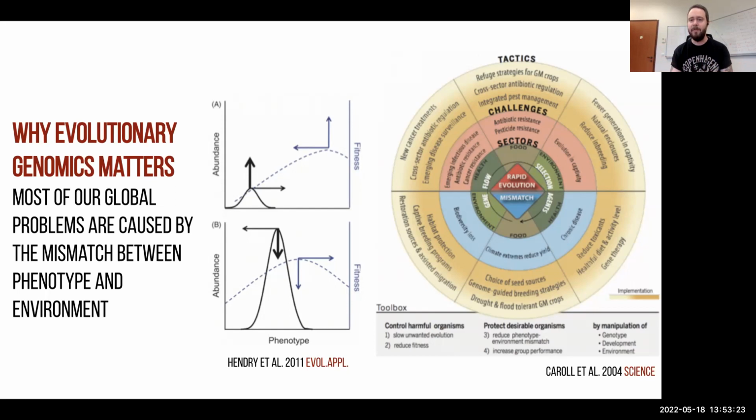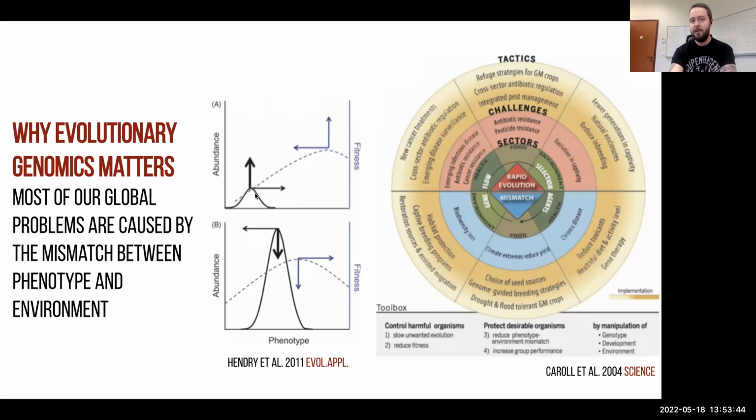This causes a lot of problems because our fitness maximum isn't in this environment. It's an environment where carbohydrates, sugar and fatty foods are limited. That's the type of environment we're adapted to, but right now our environment doesn't reflect that, and with that comes a lot of chronic diseases.